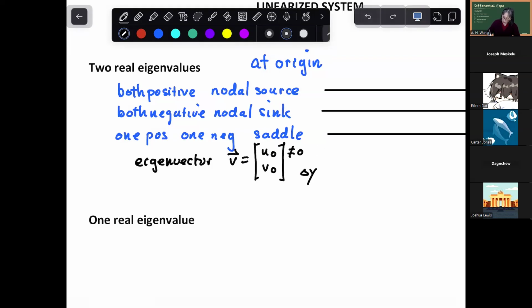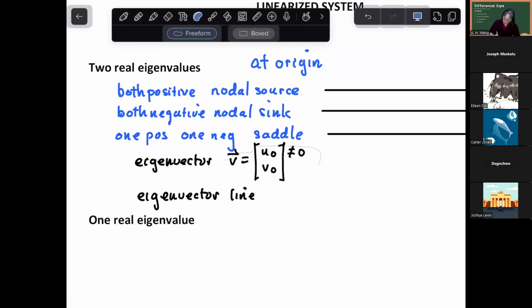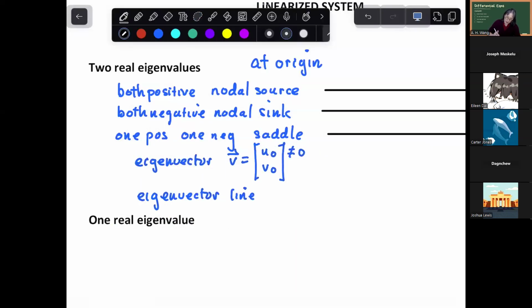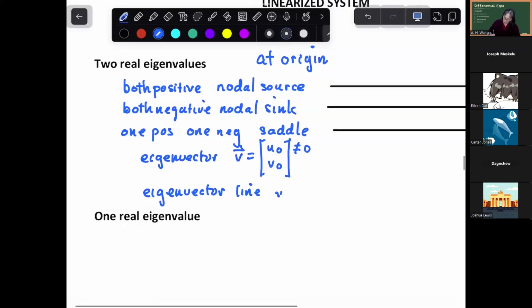So you're going to have change in y over change in x. Then your eigenvector line is going to be y tilde equal m times x tilde, and the m is v naught over u naught.